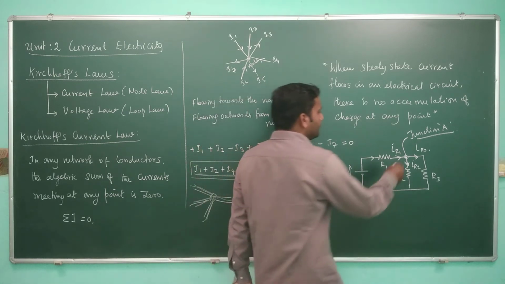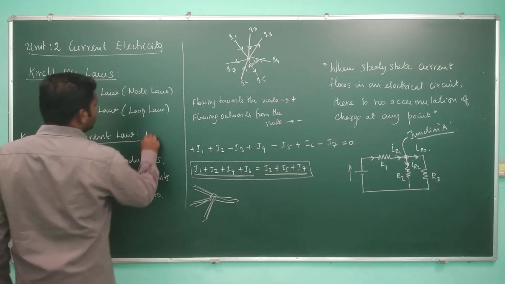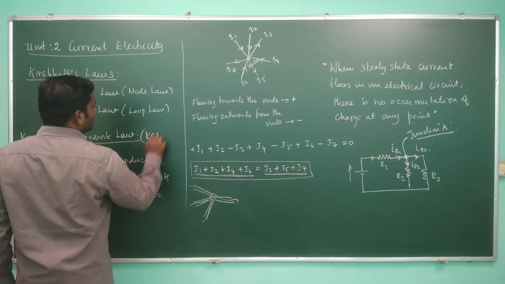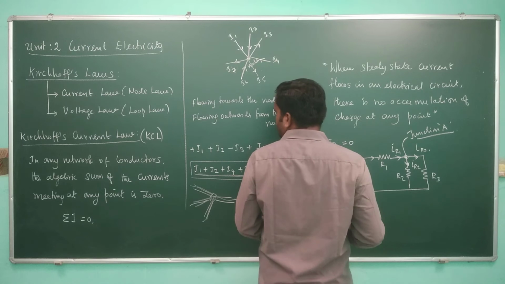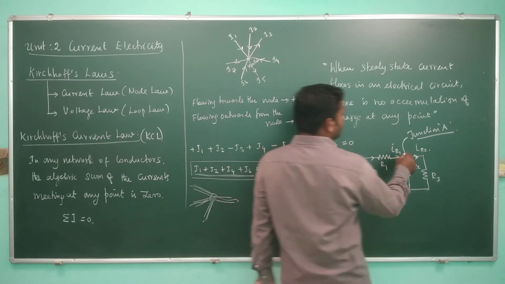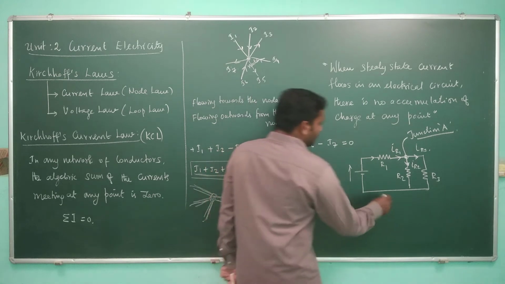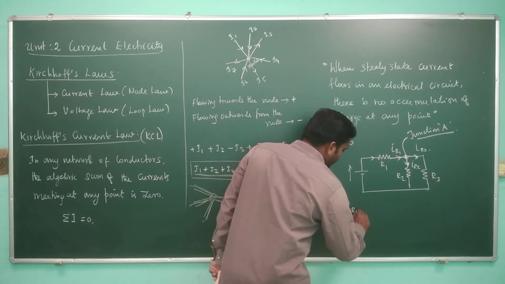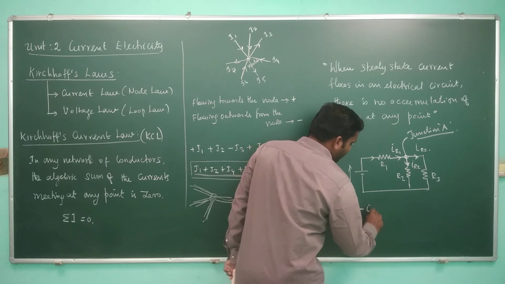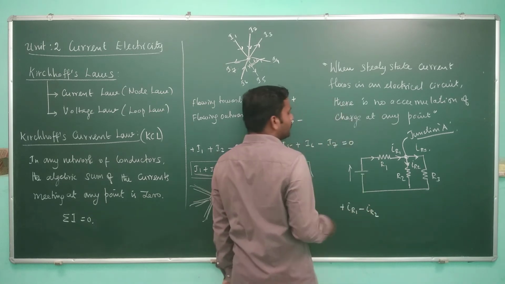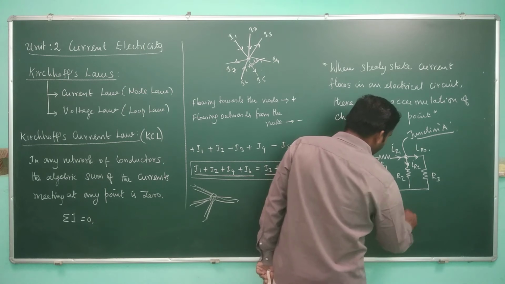Now if you apply Kirchhoff's current law, in other words said to be KCL, the abbreviation for Kirchhoff's current law is KCL. Applying KCL at this node or junction A, we can write IR1, it is plus, and minus IR2, because the current is flowing out from the node, minus IR3, which is equal to 0.